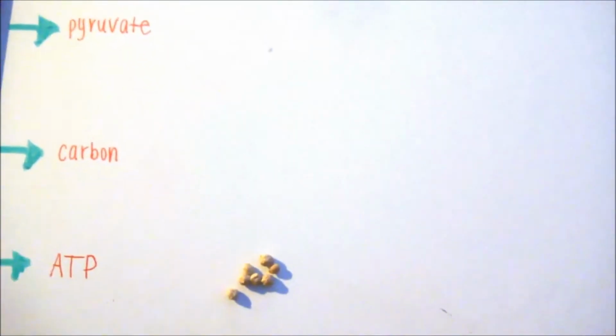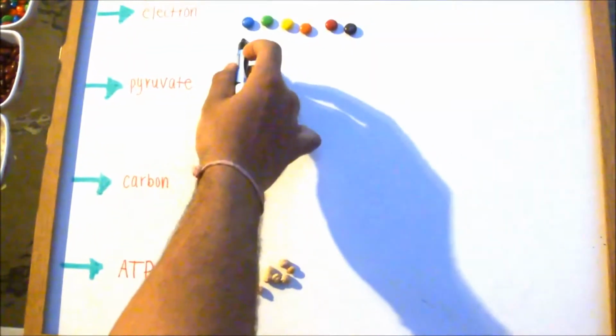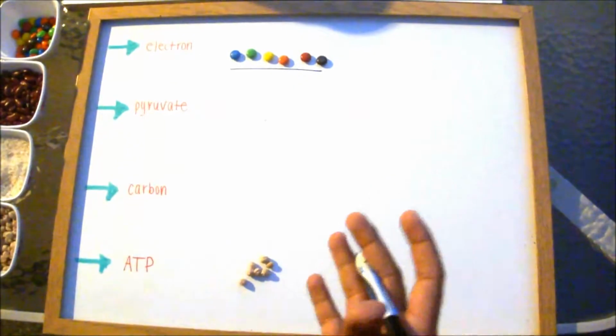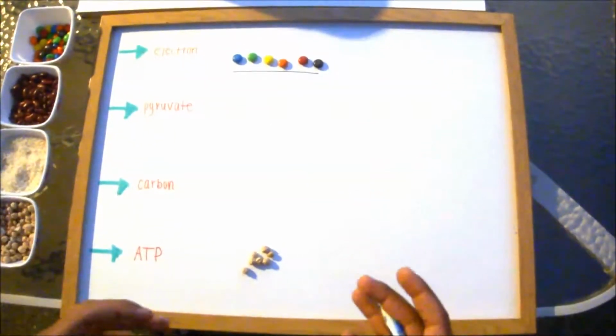Now, what happens when the electrons get full? As you can see, there are many electrons. Again, to remind you, this is aerobic respiration, which means that you breathe in oxygen. Humans and animals breathe in oxygen to get rid of these excess electrons that have stopped in the electron transport system.